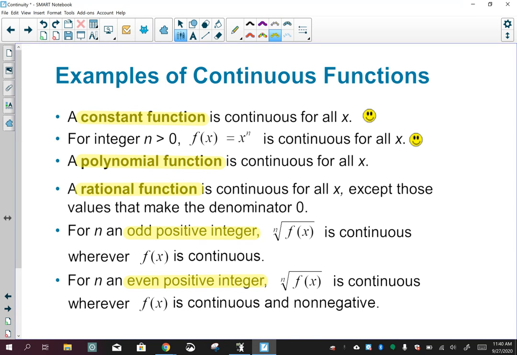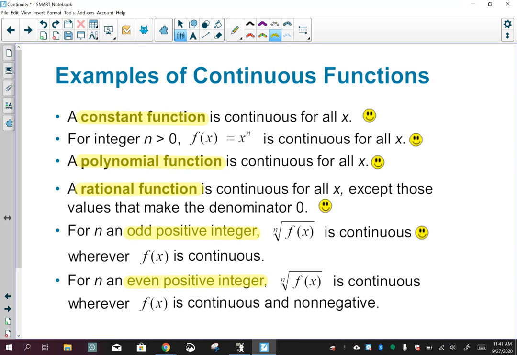A polynomial function is continuous for all x. A rational function is continuous where your denominator can't ever equal 0, like x squared plus 9, x squared plus 15, things like that. Your denominator will never equal 0, so you don't ever have to worry about that one. If you have an odd root, then you will be continuous.